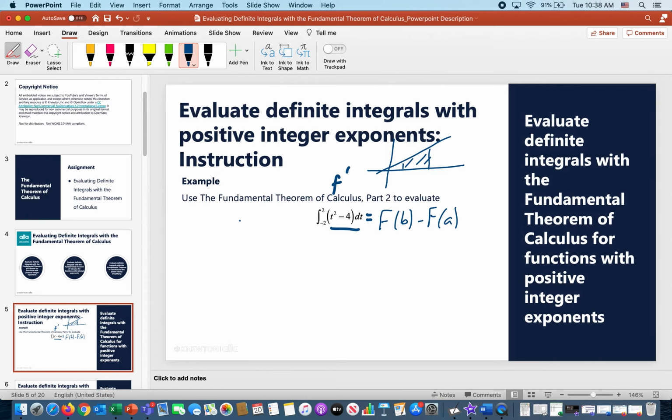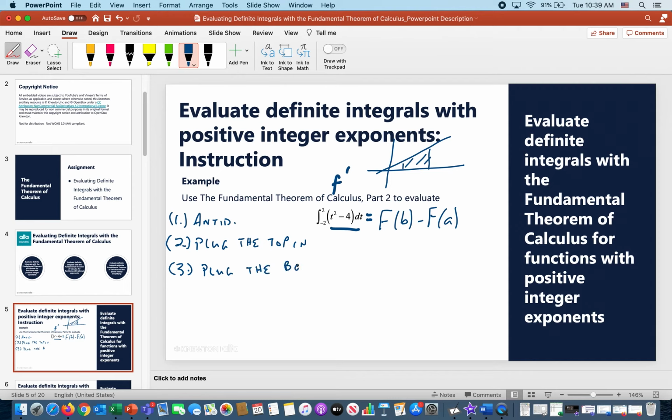So to use the fundamental theorem of calculus, we're going to take the antiderivative, or integrate. We're going to plug the top number in, and we're going to plug the bottom in.